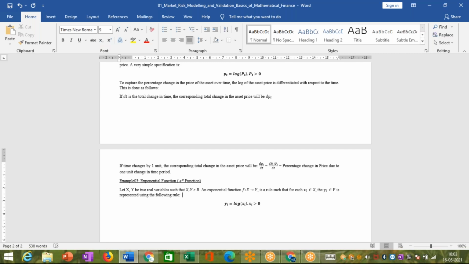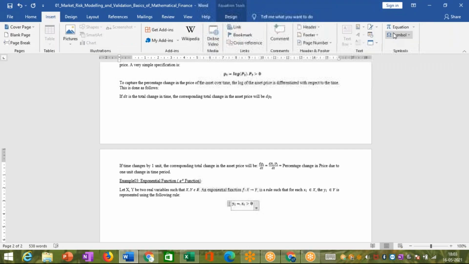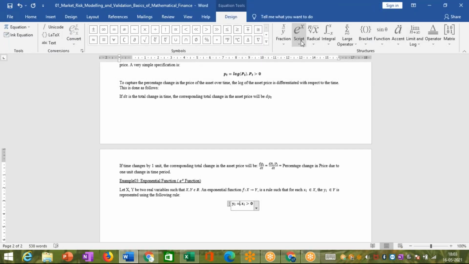Exponential function f from x to y is a rule such that for each xi belonging to x and yi belonging to y, the following is the rule. So over here, we'll go to equation.